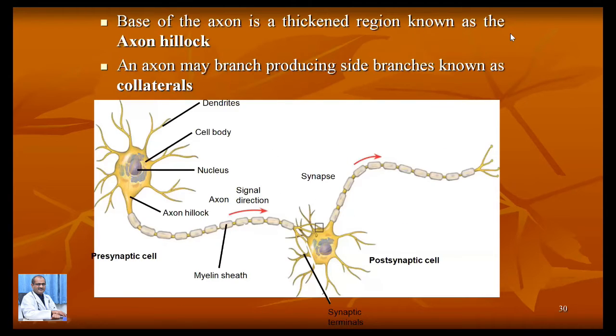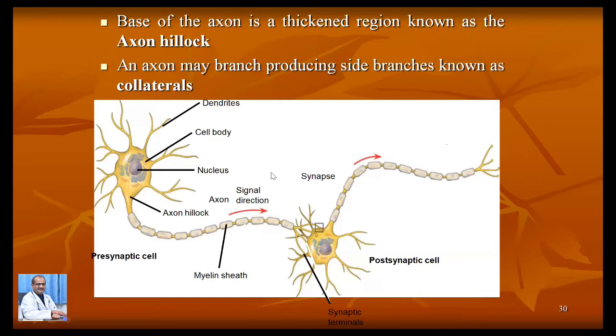The axon may be branched, producing side branches known as collaterals.